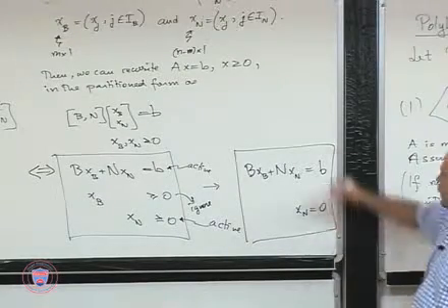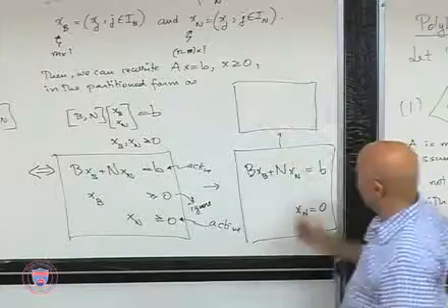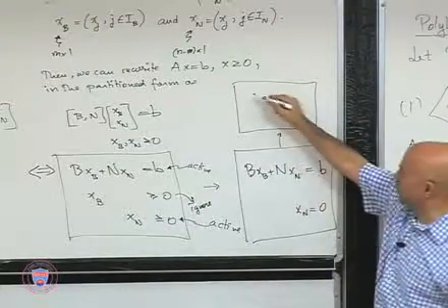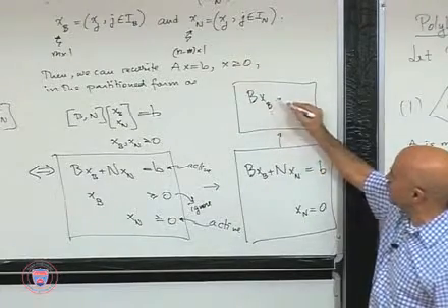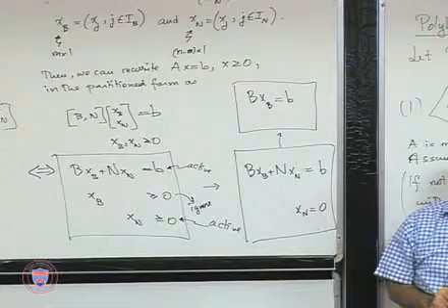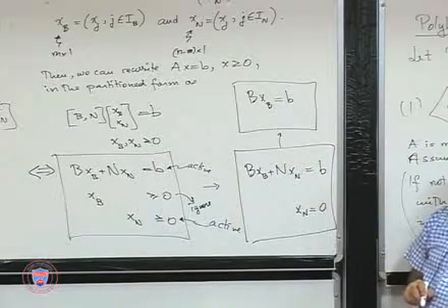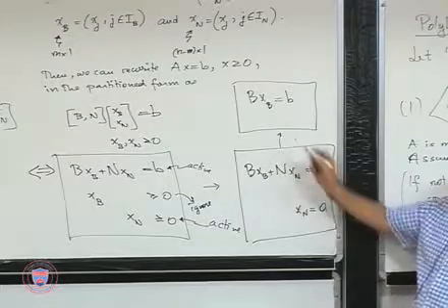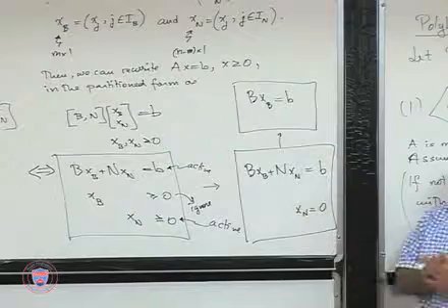And of course this system becomes even simpler since x_N is equal to 0. This reduces to B x_B equals b. So what you want is, in order for this solution to be a basic solution, you want these to be linearly independent.